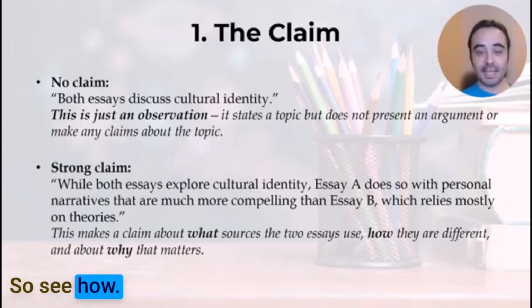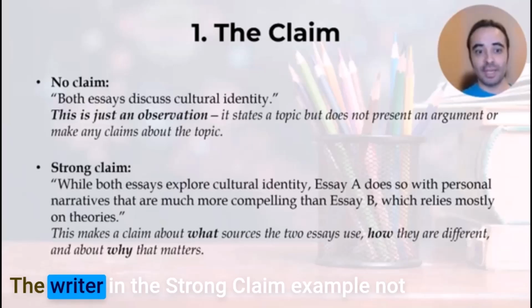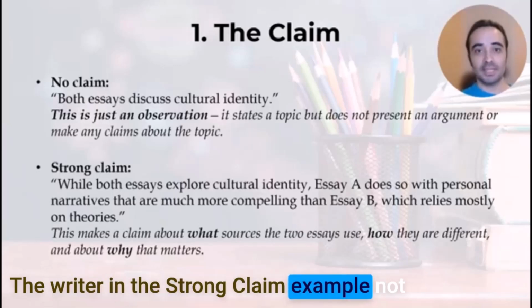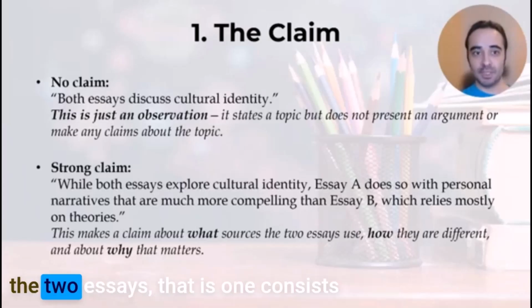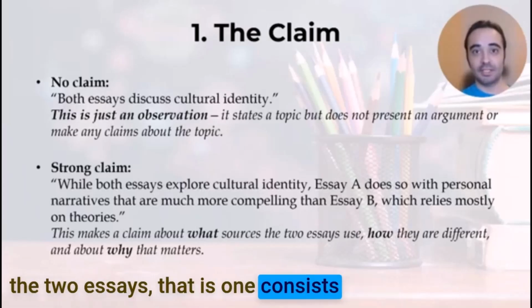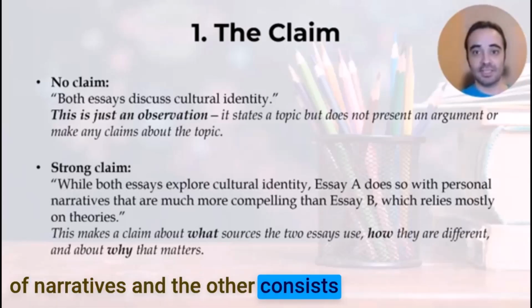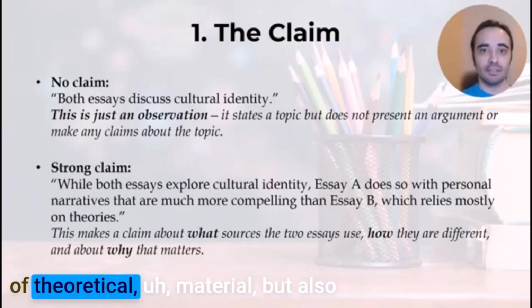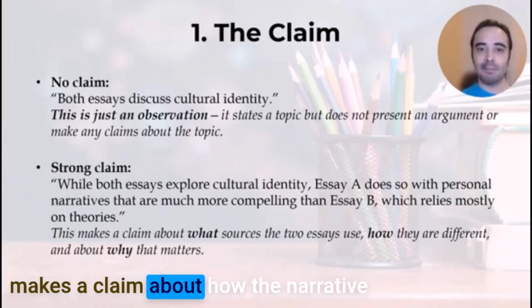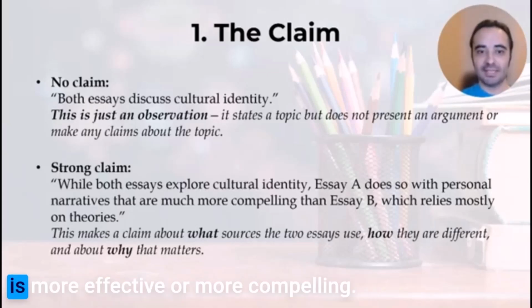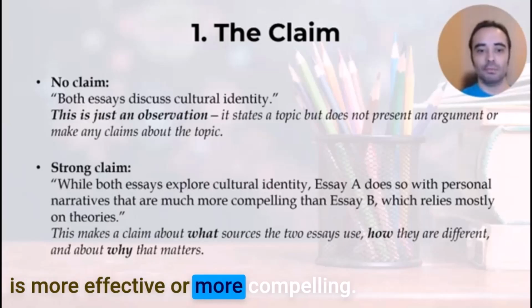See how the writer in the strong claim example not only described the differences between the two essays, that is, one consists of narratives and the other of theoretical material, but also makes a claim about how the narrative is more effective or more compelling.